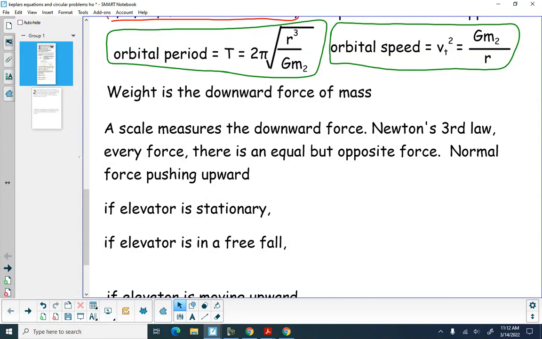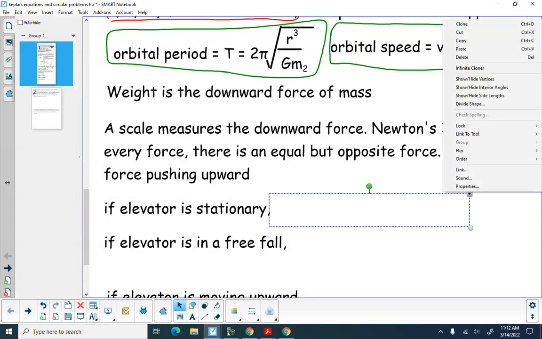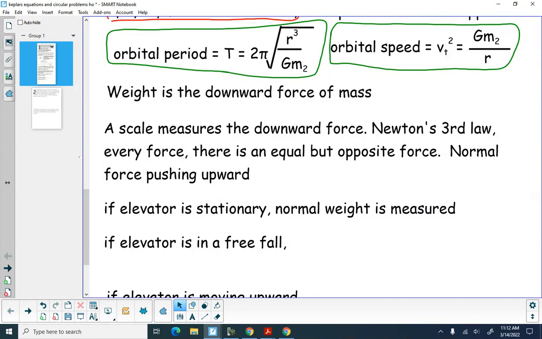Well, suppose you put a scale on an elevator, and you step on that scale. It's going to measure your weight. Your normal weight is measured. What would happen if you stepped on the scale and the elevator goes into free fall?